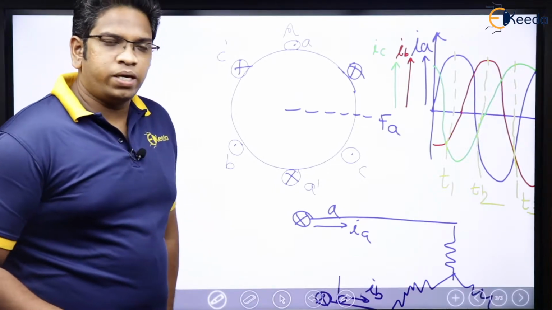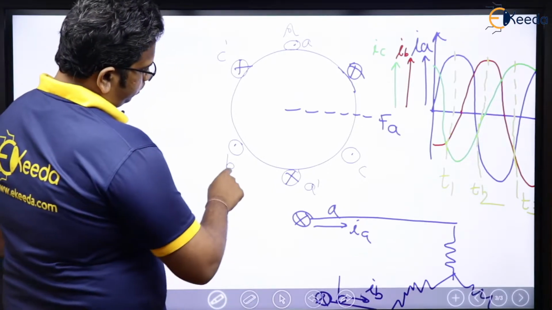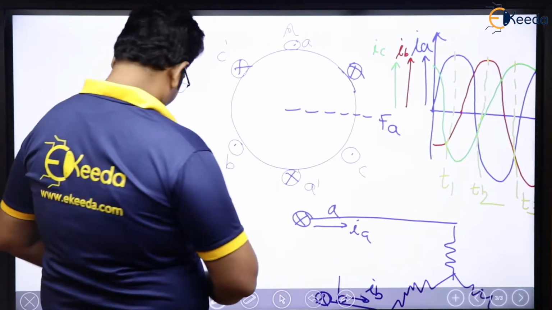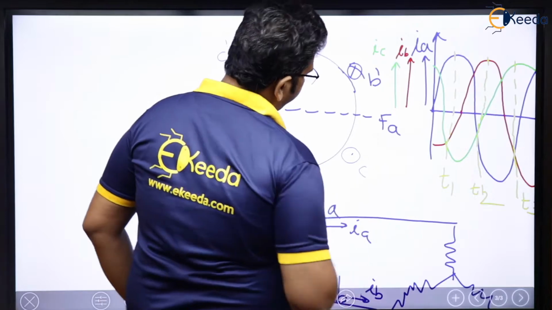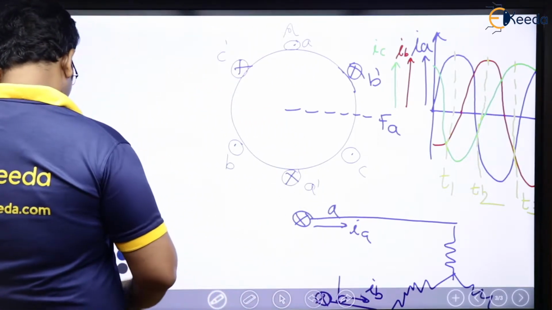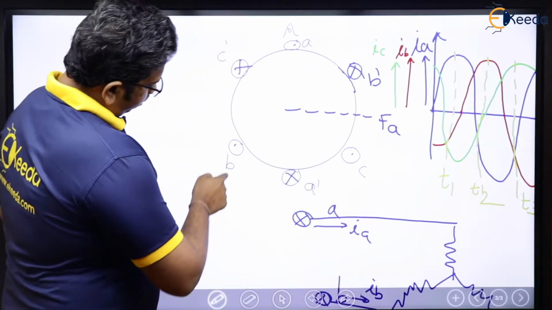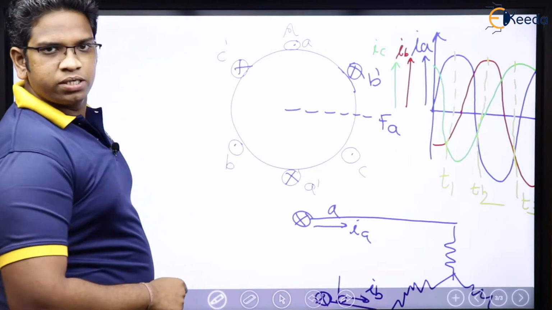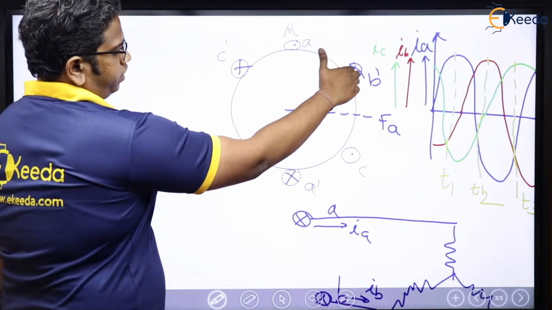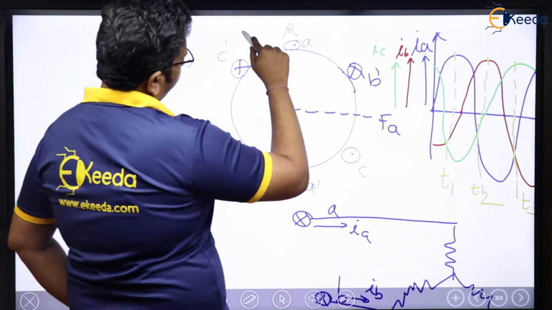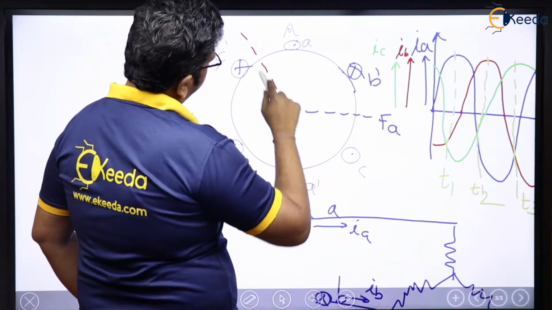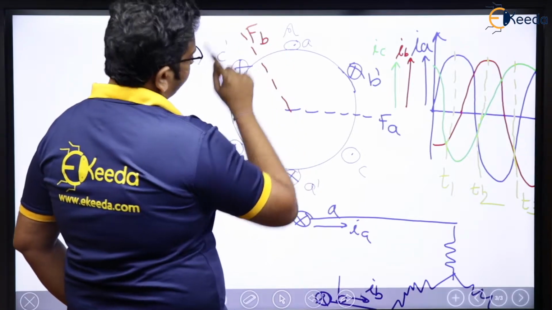Now, what about FB? See here. This is B, this is B dash. Sorry, this was B dash, right? So, if it is B, that is going to be B dash. Means current is entering from B dash, coming out of B. MMF is in this direction. This is going to be FB.